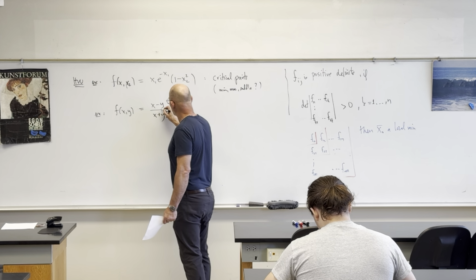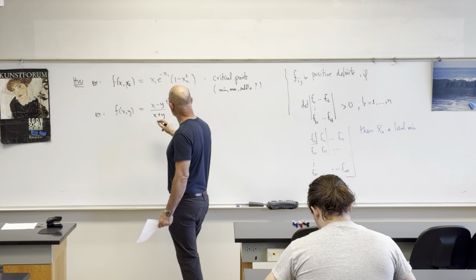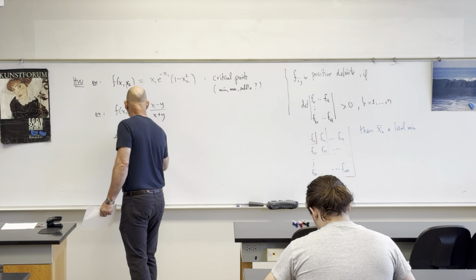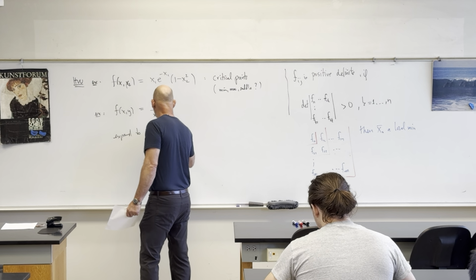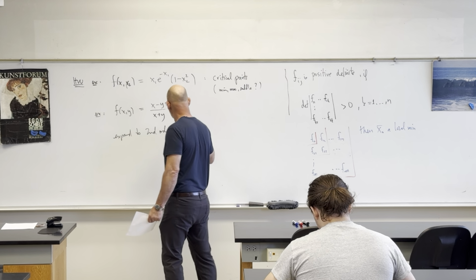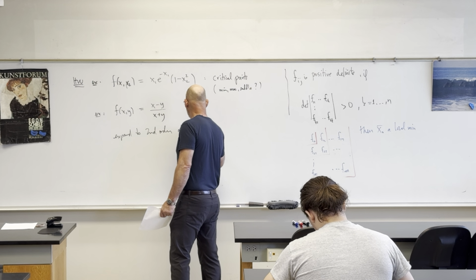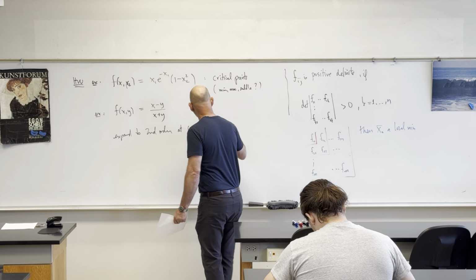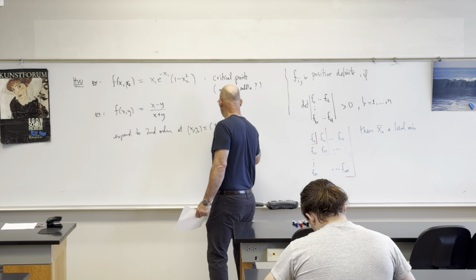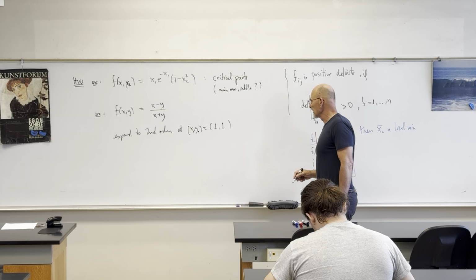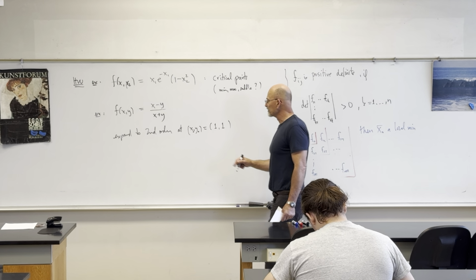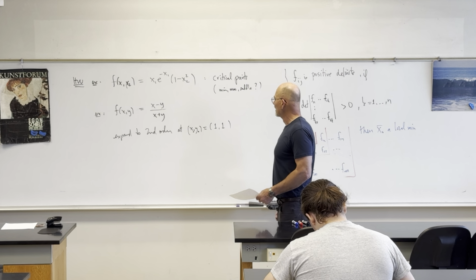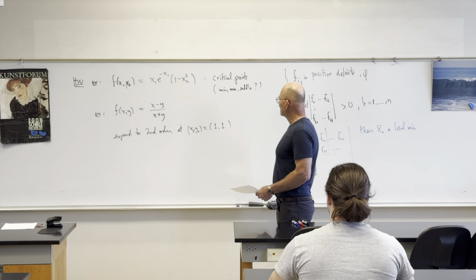What we're going to do is expand to second order at x, y equals 1, 1. That's a point that's safely away from any pathological problems. And we want to expand it to second order.